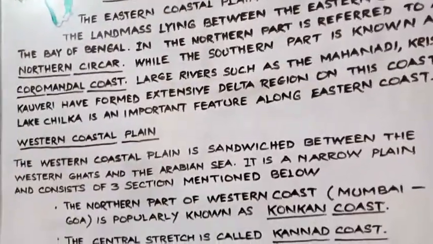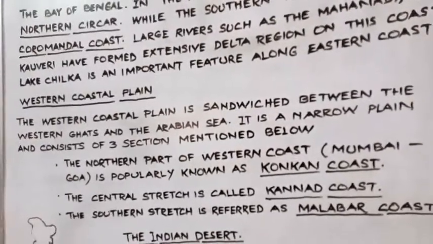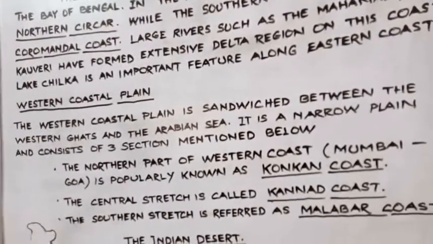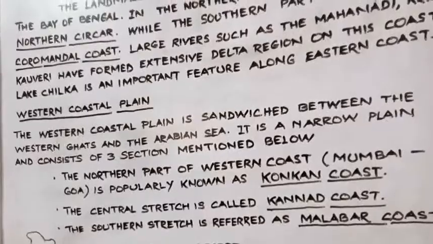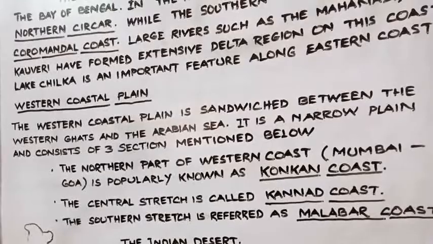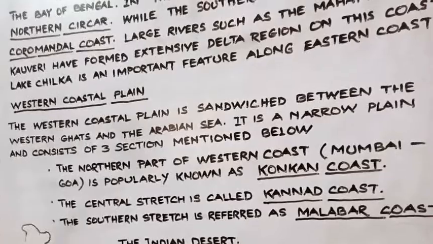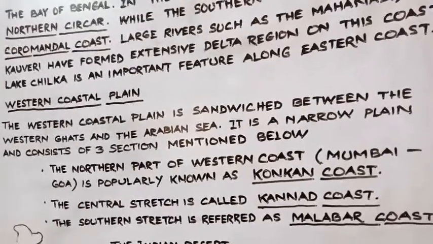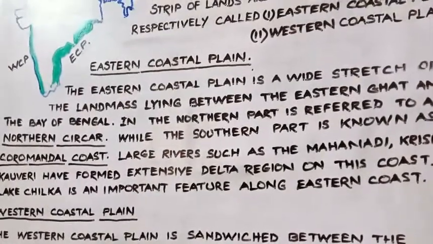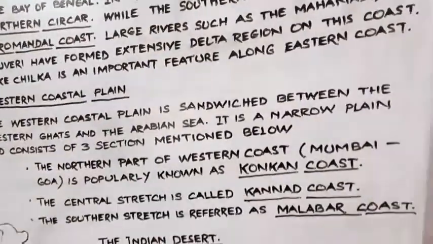Now let's come down to the western coast. The Western Coastal Plain, again, is in between the Western Ghat and the Arabian Sea. It is sandwiched, pressed between the Western Ghat and the Arabian Sea. It is a narrow plain and consists of three sections. So, as you have seen, the Eastern Coastal Plain is divided into two, and the Western Coastal Plain, although it is continuous, is also divided into three parts.